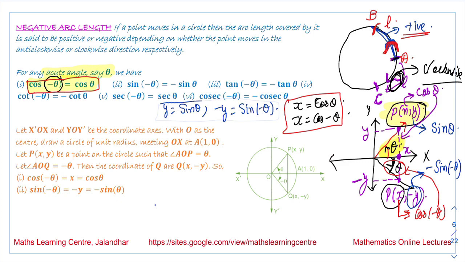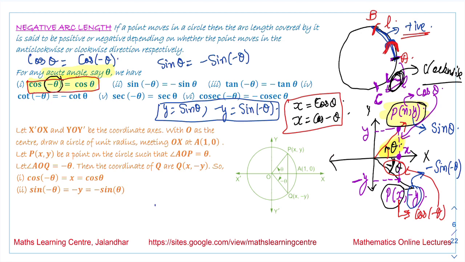So equating both these values, we obtain that sin of theta is equal to minus sin of minus theta. First we are getting cos theta is equal to cos of minus theta. Second we are obtaining sin of theta is equal to minus sin of minus theta.